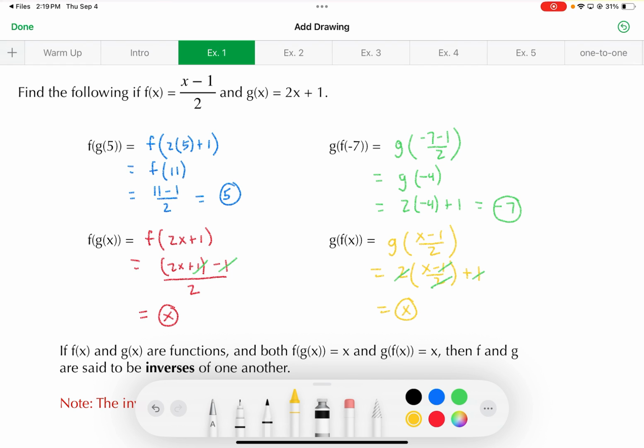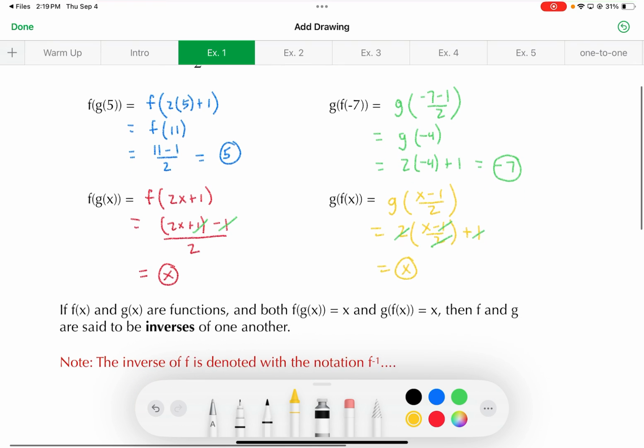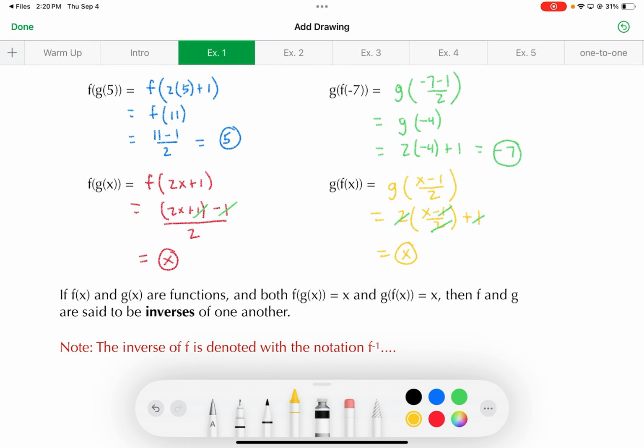Okay, so anytime the two compositions in both directions equal out to x, that tells me that those two functions are in fact inverses of each other. You actually had a homework problem, if you recall, related to this. Okay? And this is really the only time composition is commutative, when you're working with inverses.